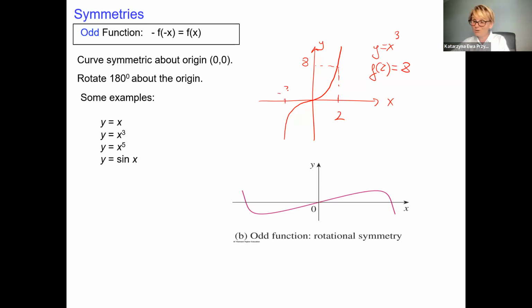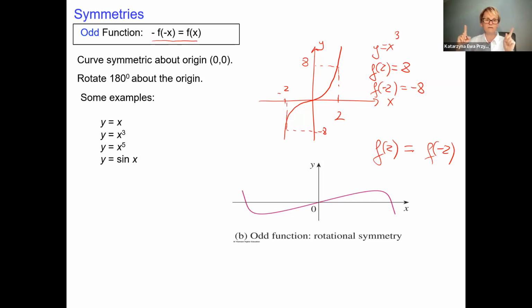Now the value for negative 2. That means the value for negative 2, a little bit, it will be negative 8. But when I put them together, the value for 2 and the value for negative 2, looking at this property, I cannot say they are equal. No, that will be odd.